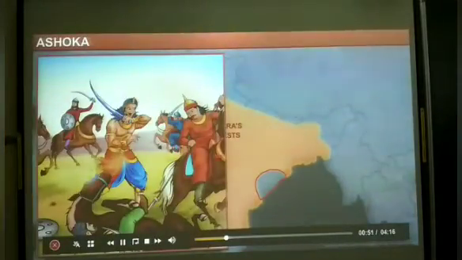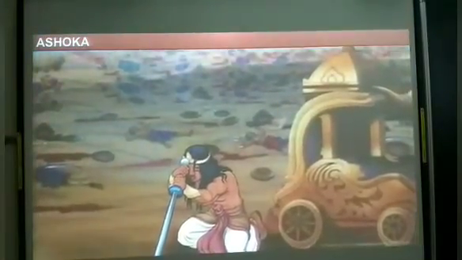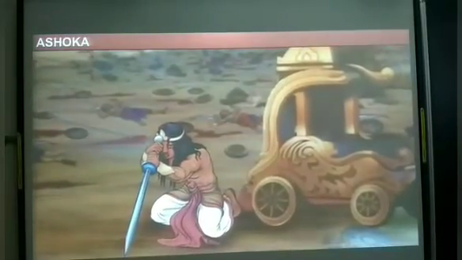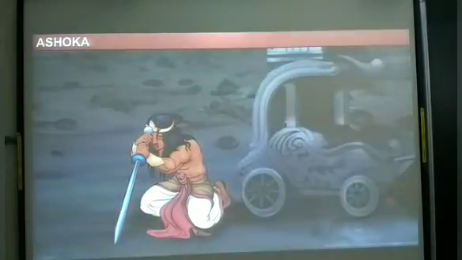A war was fought to conquer Kalinga. By the time the war ended, more than 1 lakh people had perished, and about 1.5 lakh people were taken prisoners. Despite his success, he was devastated by the violence and brutality of war.